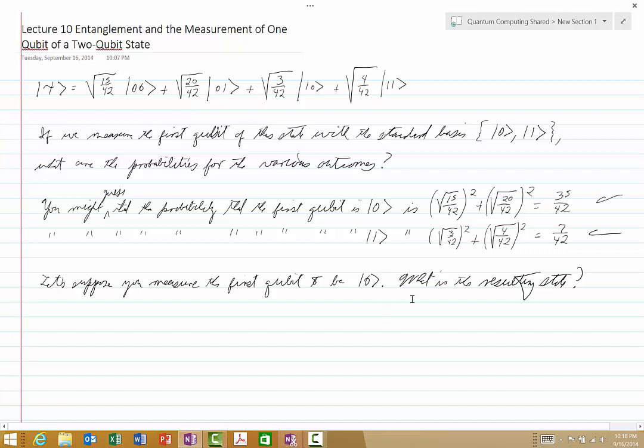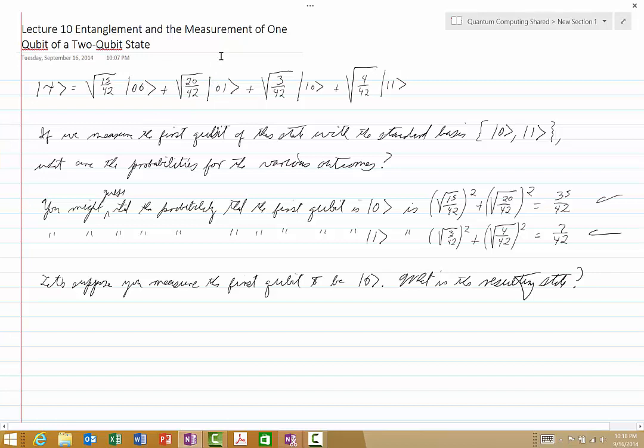Now, if we measure the first qubit to be 0, you might reason as follows. That means that we have not measured this part of the state. We have obtained this part of the state.